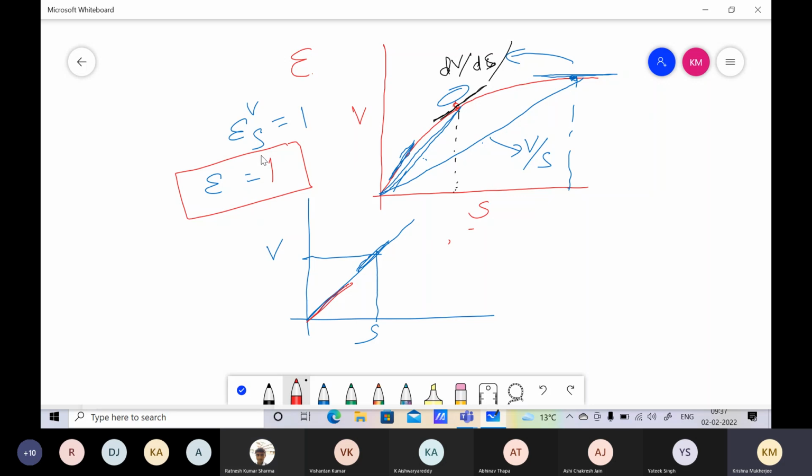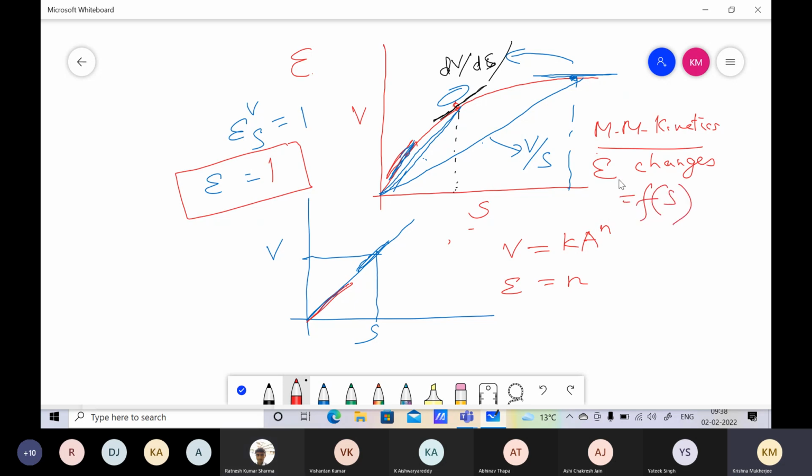And the more interesting point that I hope you realize from this is that in Michaelis-Menten kinetics, unlike V is equal to K A raised to n kind of formulation where E was equal to n, E changes. Here it is close to 1 and here it is much less than 1. So E is actually a function of the substrate concentration at which you measure V. And that is the interesting part of all biological reactions.